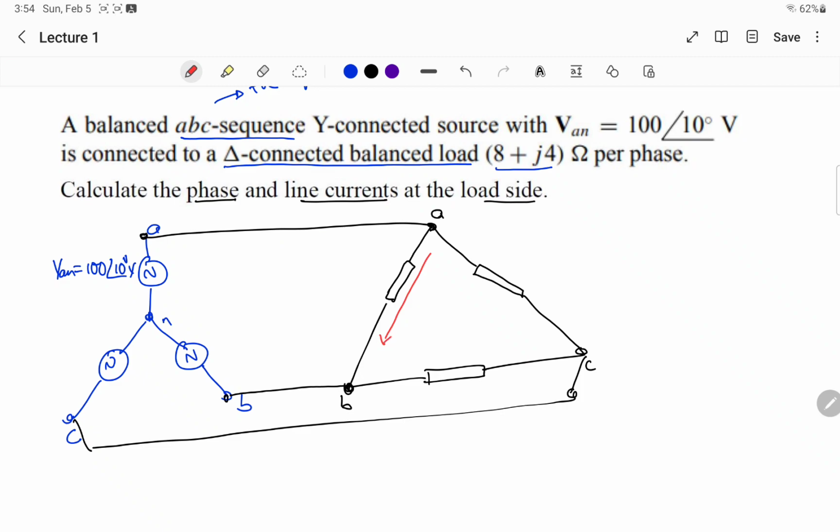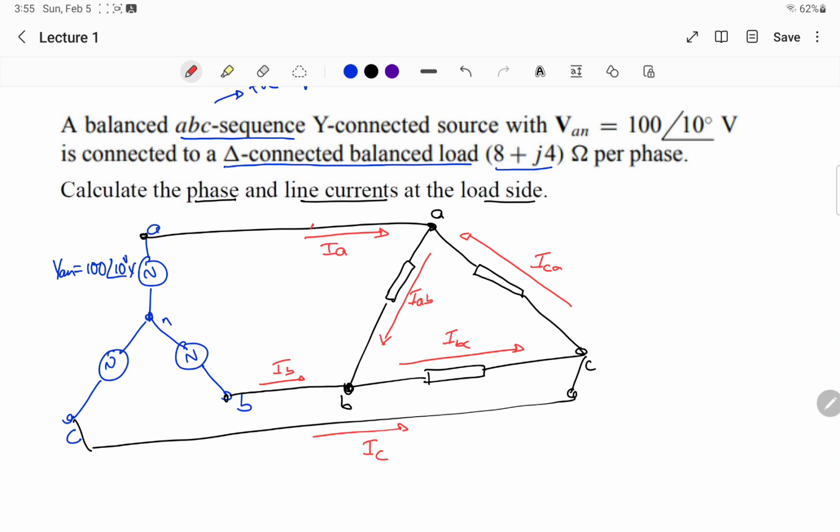So he wants this current IAB, this current IBC, and this current ICA. These are the phase currents. And what is the meaning of line current? Line is again line. This is line A, this is IA, this is line B, and this is line C. So these are the line currents.